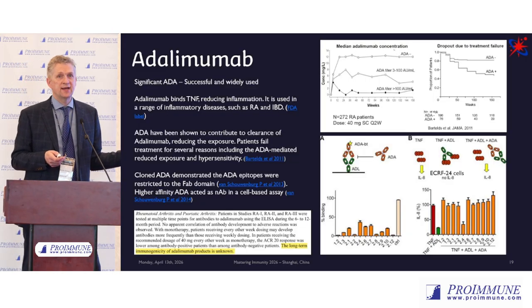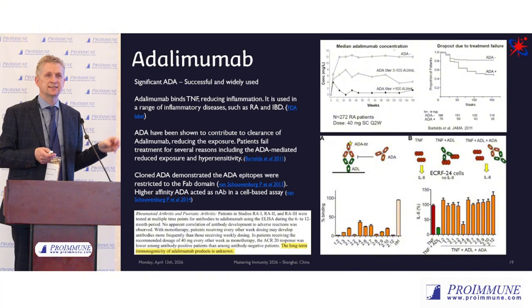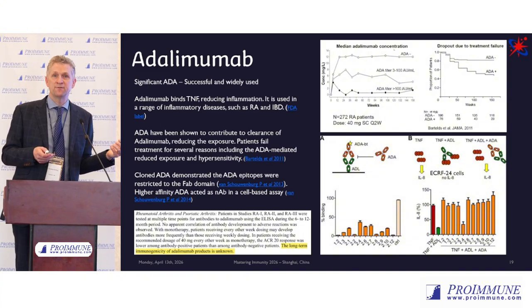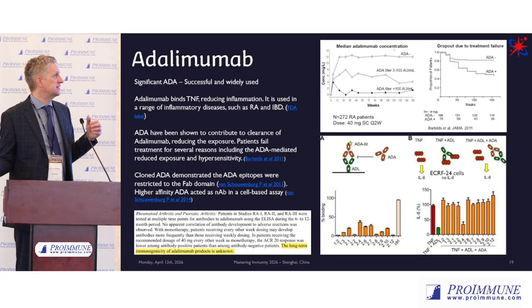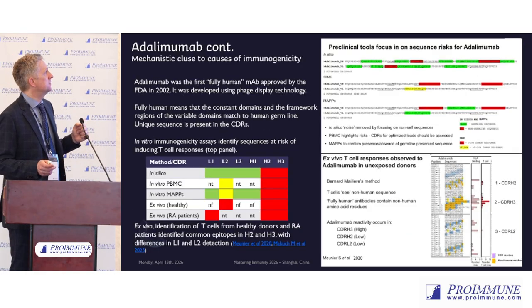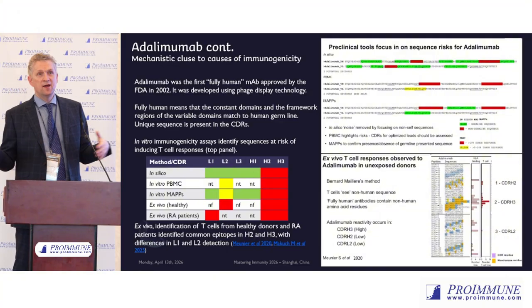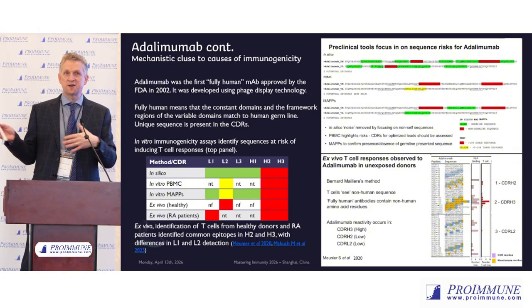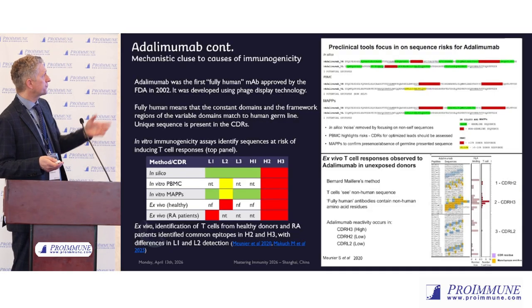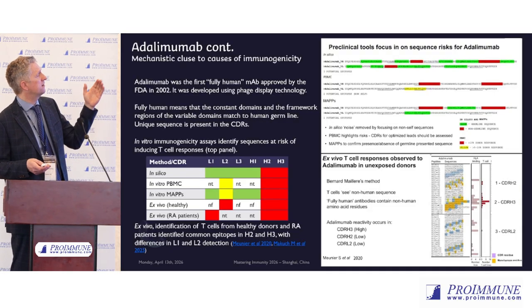But this is a good case study together with molecules like natalizumab, where we know the outcomes that occur typically for monoclonal antibodies. So we should pay attention. And the nice thing about adalimumab as well is we have all of the in silico and in vitro data that we can generate on other products. On the right-hand side, we have the in silico.